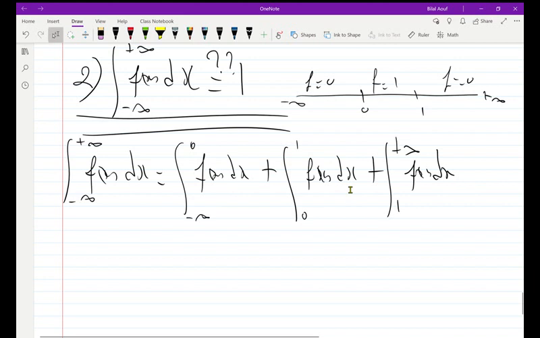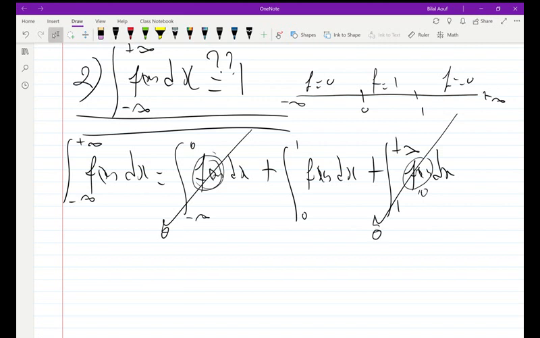So now I divide this integration into 3 integrals. When x is between minus infinity and 0, f is equal to 0, meaning the integral is equal to 0. When x is greater than 1, f is equal to 0, so this integral is also equal to 0. For x between 0 and 1, f of x is equal to 1, so I replace f of x by 1.